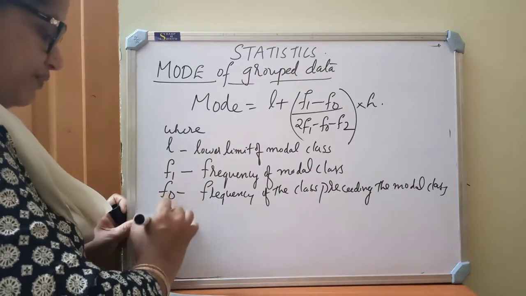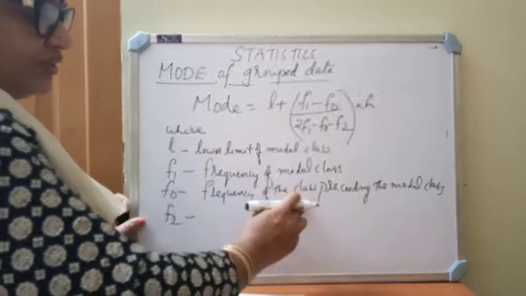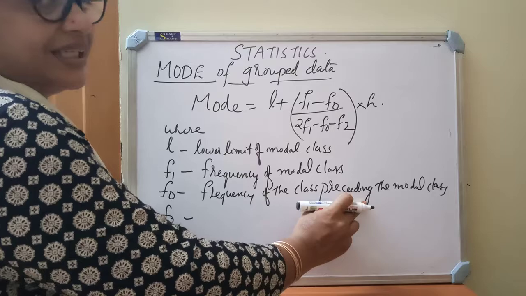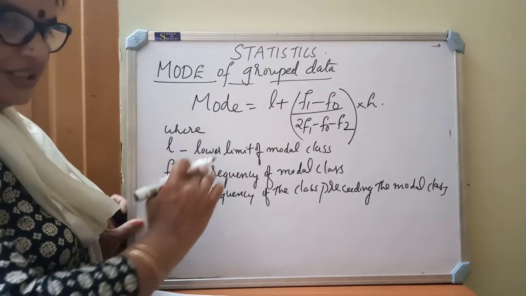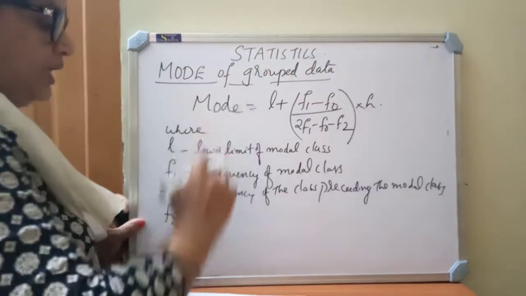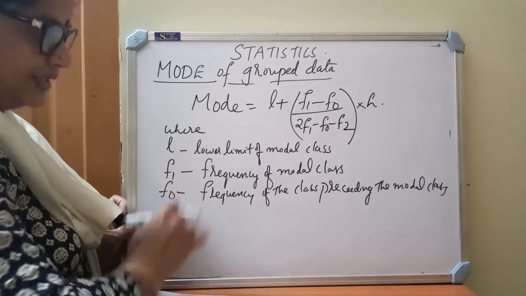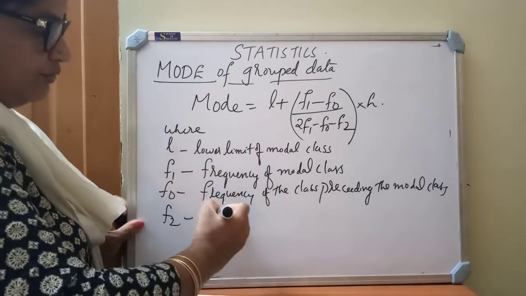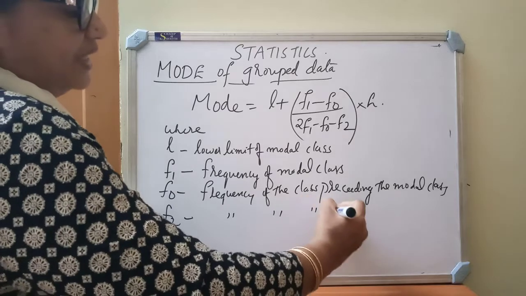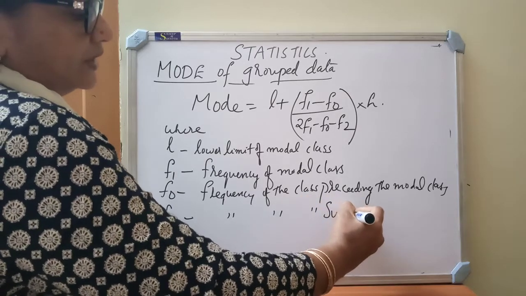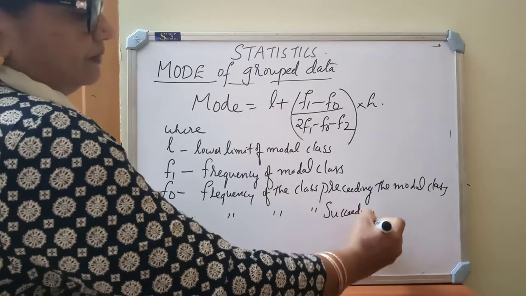So what will be F2, children? Frequency of the class succeeding the modal class. So F0 comes before F1, so it is the preceding class, and F2 means the succeeding. So F2 is the frequency of the class succeeding the modal class.